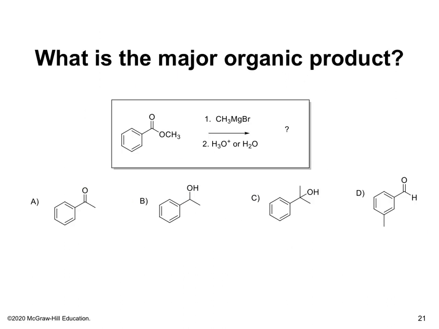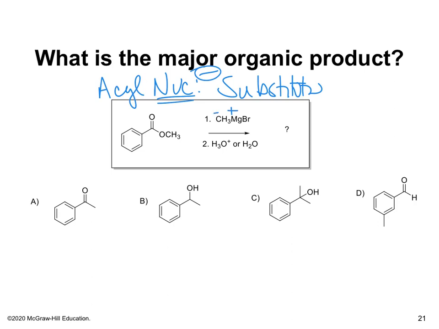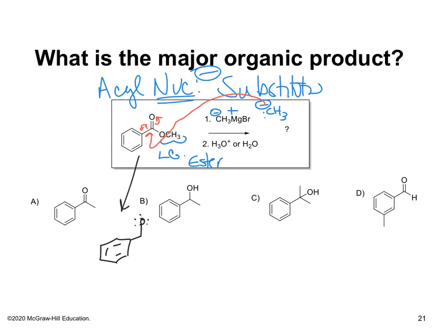What is the major organic product? Okay, so now this is going to be acyl nucleophilic substitution. So we're just going to show that here, where this is a positive, this is a negative, because you have a leaving group. This is an ester. So what happens here is the nucleophile will add to the electrophilic carbon, and you get something like this, your tetrahedral intermediate.